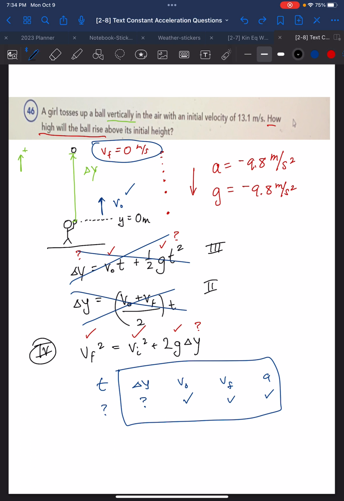We've seen it before. It would be the difference of the squares. We get that by subtracting initial velocity from both sides. We divide both sides by 2 times the acceleration, and that is equal to delta y, or the vertical displacement.